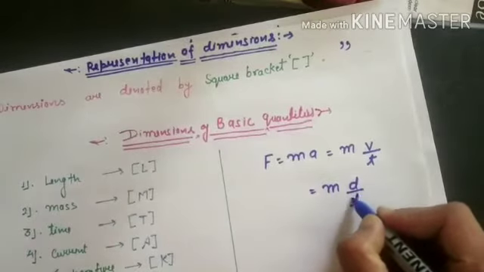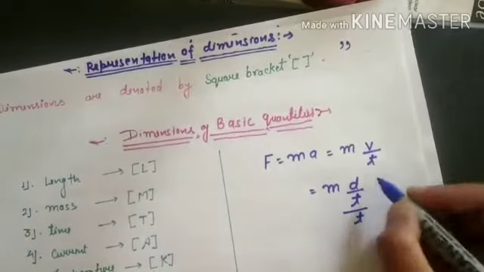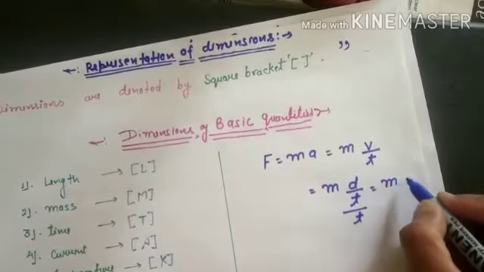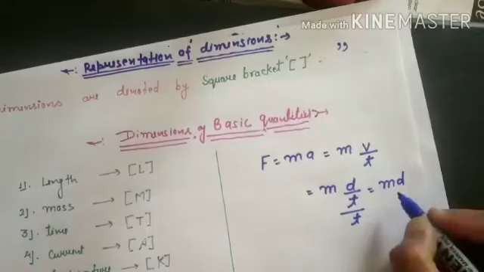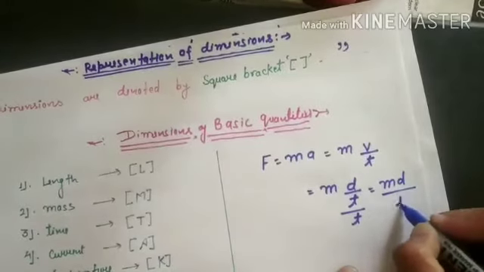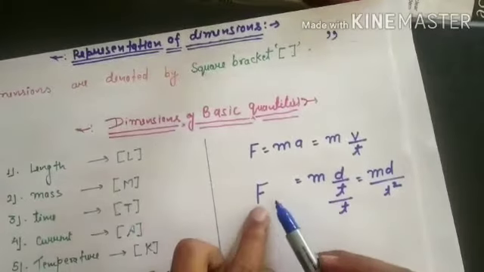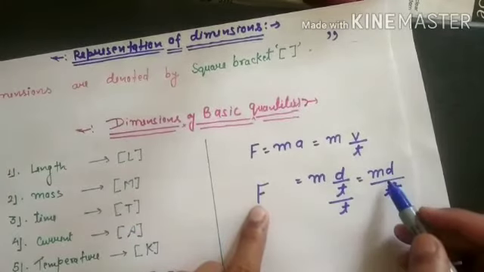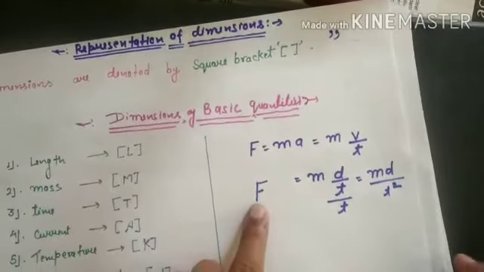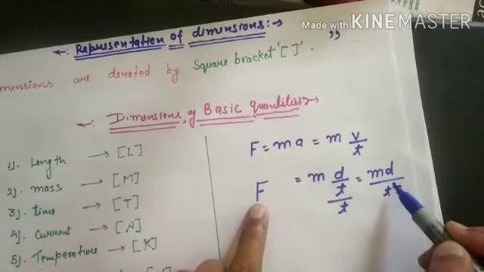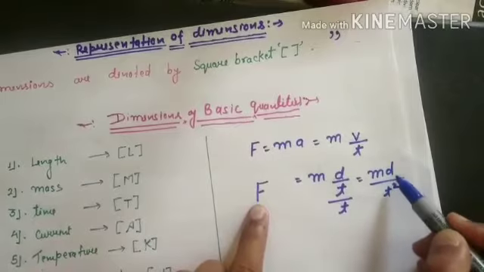So distance over time over time. Finally, it becomes mass into distance upon t square. Here you can see that force is being represented in terms of mass, distance, or you can say length, and time. All are basic physical quantities.